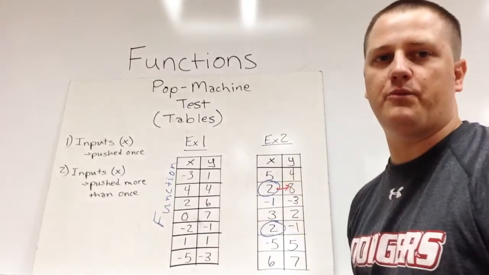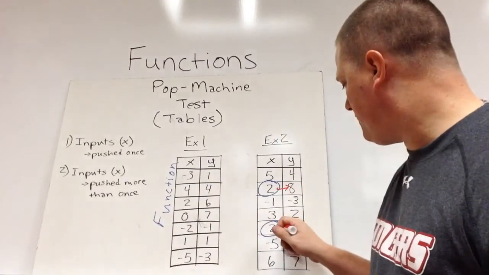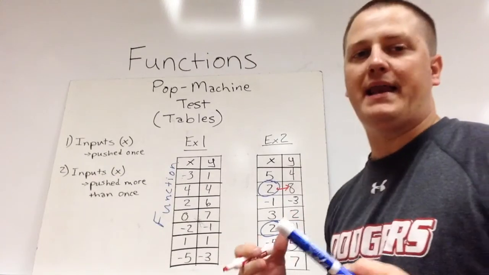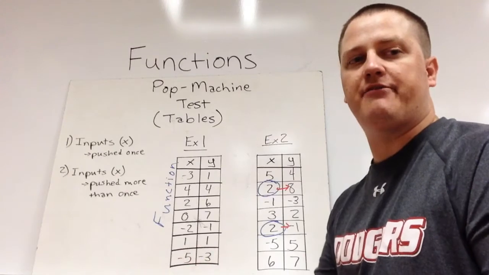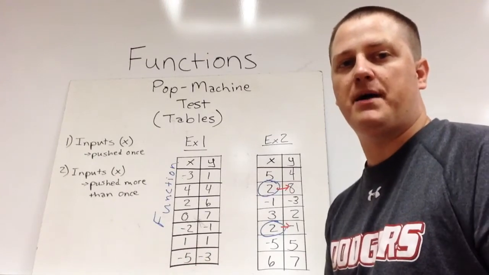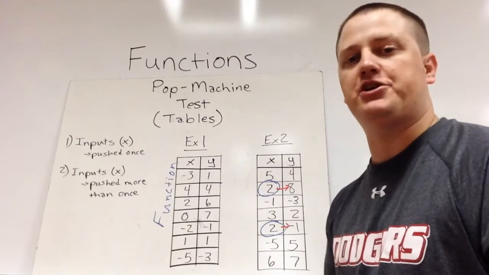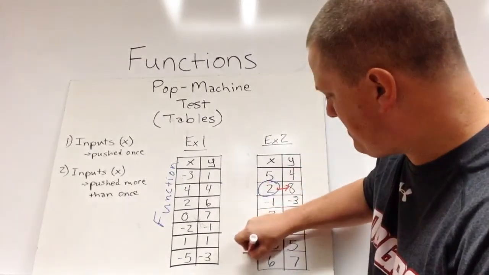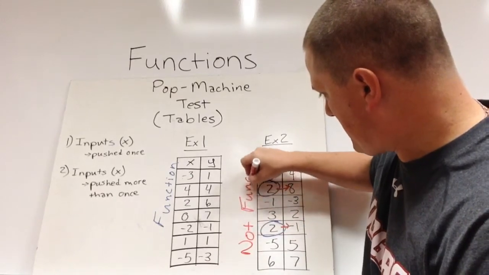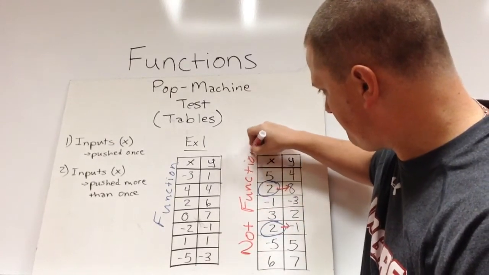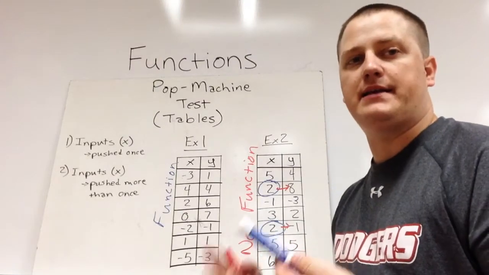In the first one, when we pushed 2, we got an answer of 8. For the second one, when we pushed 2, we got an answer of -1. Because those gave us two different answers, that's like pushing a button on a pop machine and getting two different pops. It's not functioning right. So there's how we test a table.